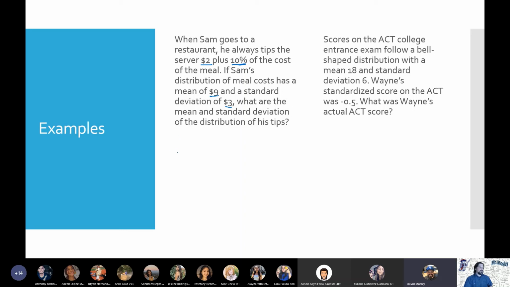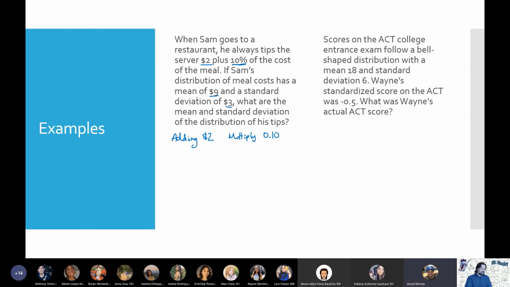All right, so adding a number, in this case, we are adding $2 and we are multiplying by 0.10 for 10%. Order of operations says we're going to need to multiply first before adding.